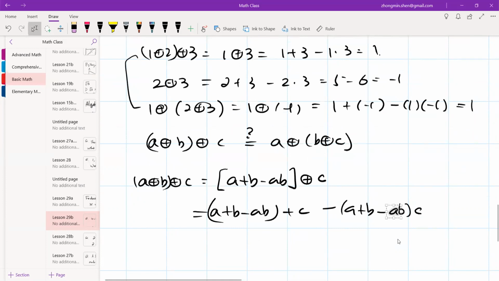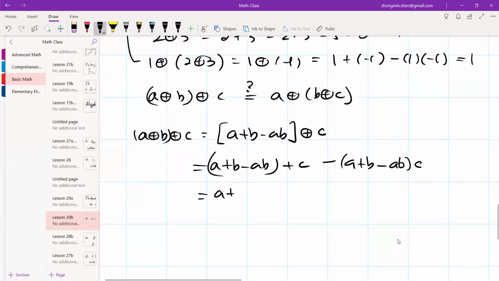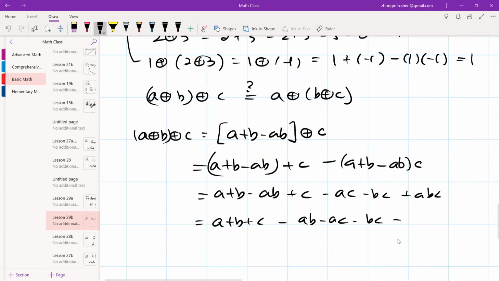No, you cannot, unless you prove it doesn't matter where you put it. We only define the operation on a pair of numbers. So according to the definition, this is A plus B minus AB plus C minus AC minus BC plus ABC. So it is A plus B plus C minus AB minus AC minus BC plus ABC.